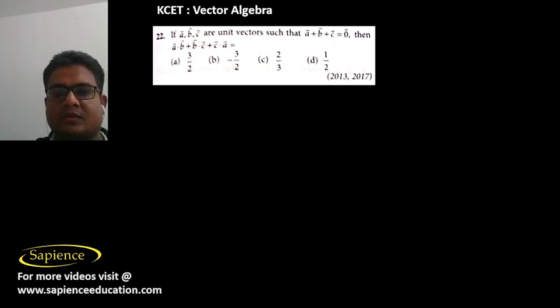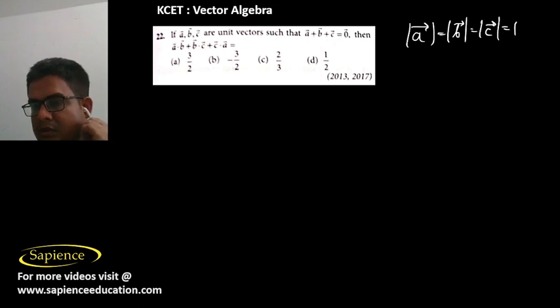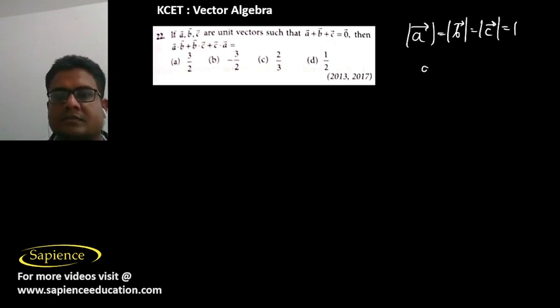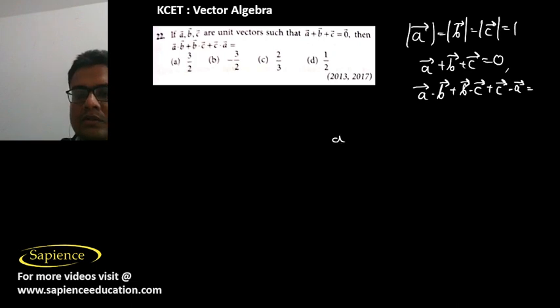A, B, and C are unit vectors like this. Therefore, magnitude of A, magnitude of B, and magnitude of C are equal to 1, unit vectors. A plus B plus C is equal to 0. It means that A plus B plus C dot A plus B plus C is also equal to 0.